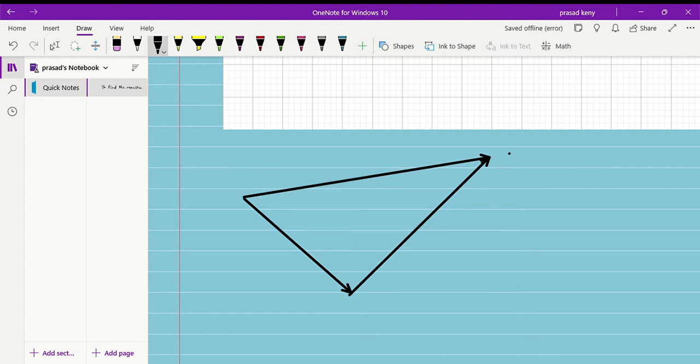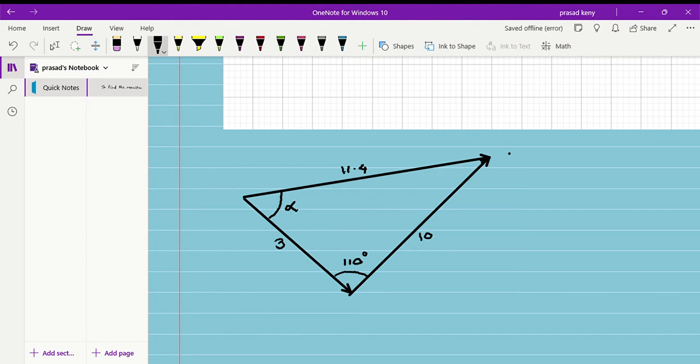Now this side has magnitude 3, this side has magnitude 10, and the resultant we just found is 11.4 here. Also, we know this angle is 110. So I will find out this angle here, that is alpha.